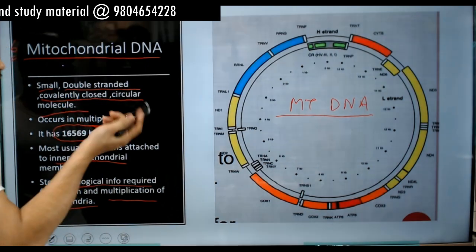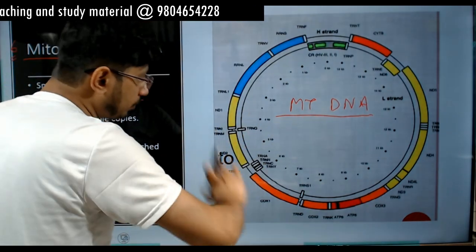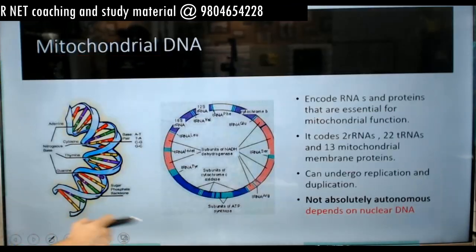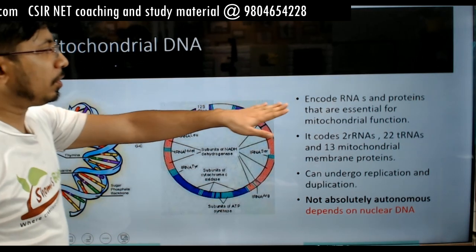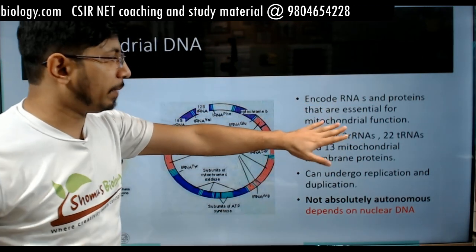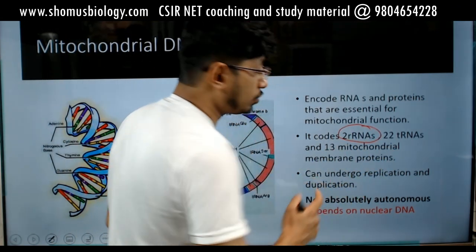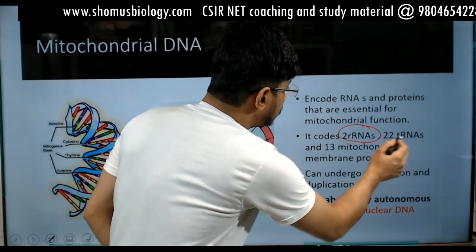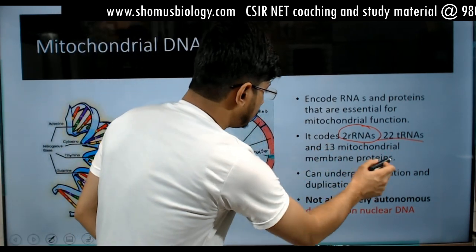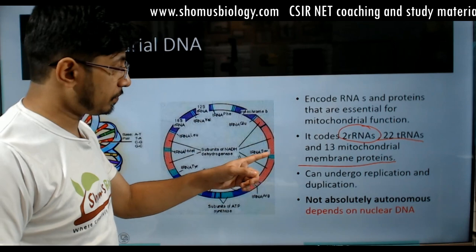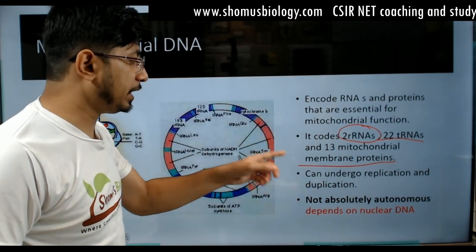Those things can be done by the enzymes produced from the genes that are present in the mitochondrial DNA. Now it encodes RNAs and proteins that are essential for mitochondrial function. Encodes what? 2 rRNAs, 2 ribosomal RNAs, 22 tRNAs and 13 mitochondrial membrane proteins. Okay, and it can undergo replication and duplication.